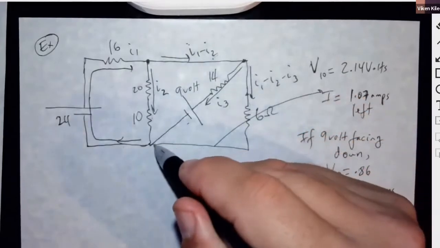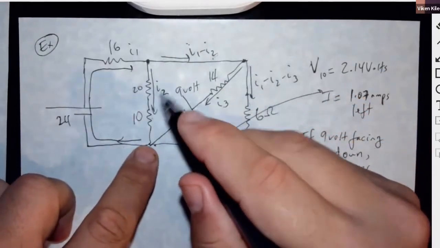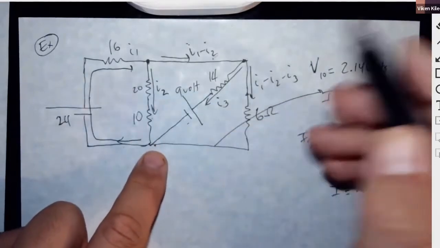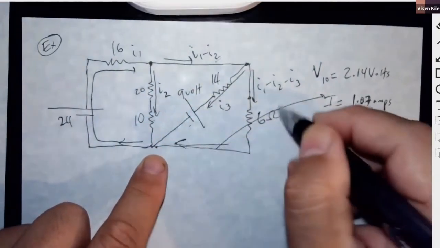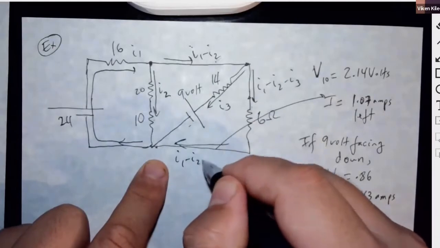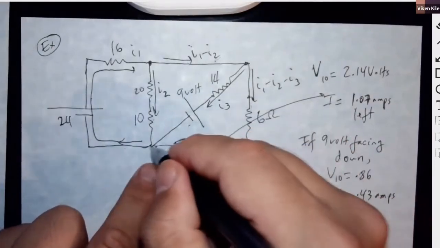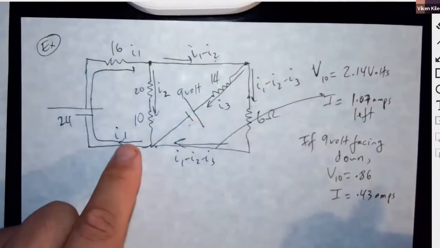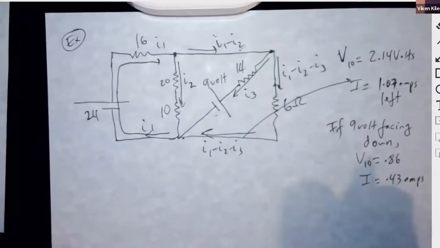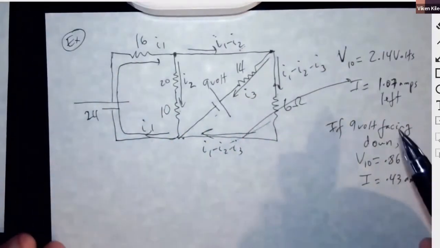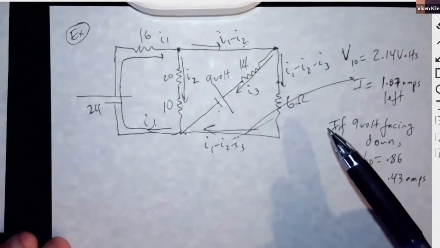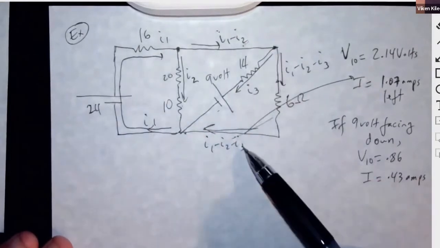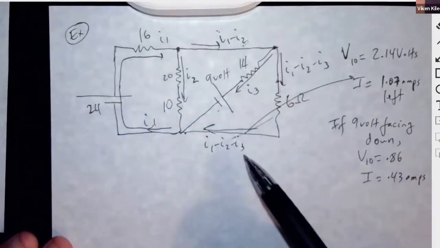And then they come here and everything joins up again. I2 and I3 join up with this guy, and then together you get I1 back again. Okay, then you do your loops. How many loops do you need here? You need 3 loops because you've got 3 unknowns, I1, I2, I3.